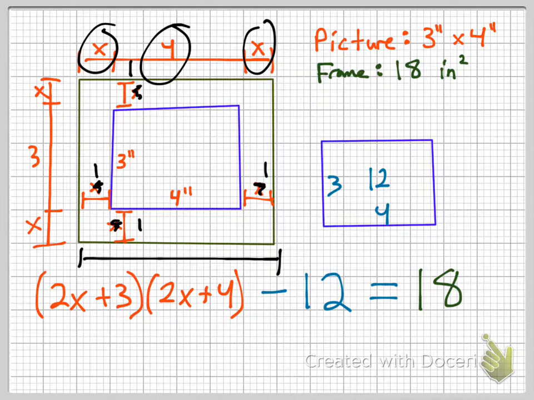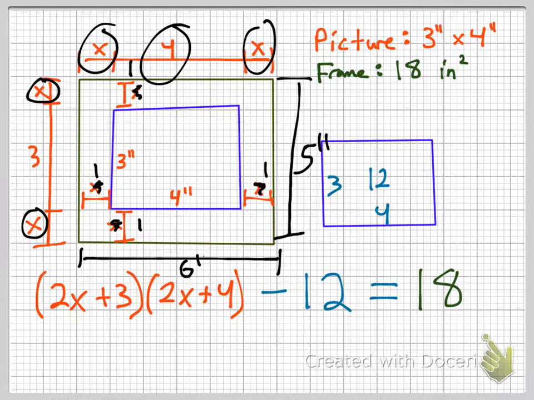In other words, it's 6 inches wide. And here it's going to be 1 plus 3 plus 1, or in other words, 5 inches tall. And that is how big the whole picture frame must be in order to use exactly 18 square inches.